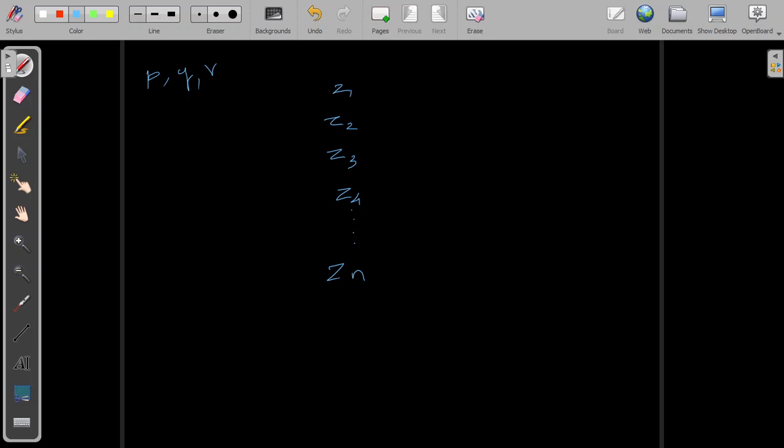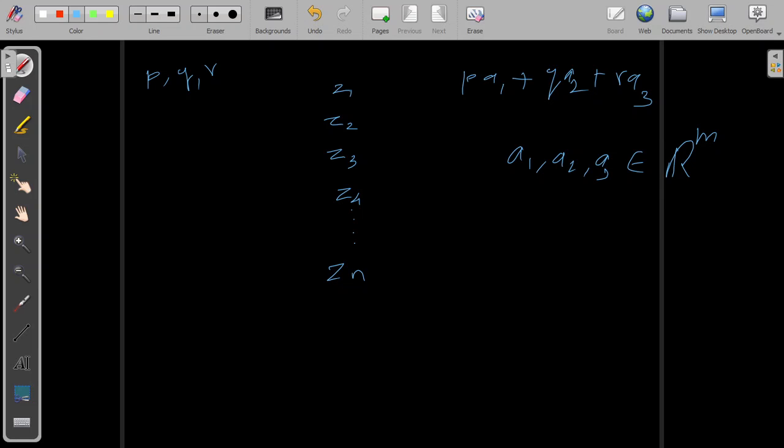Why is it so? Because we have the linear combination PA1 plus QA2 plus RA3, and A1, A2, A3 are vectors which belong to the set Rm.